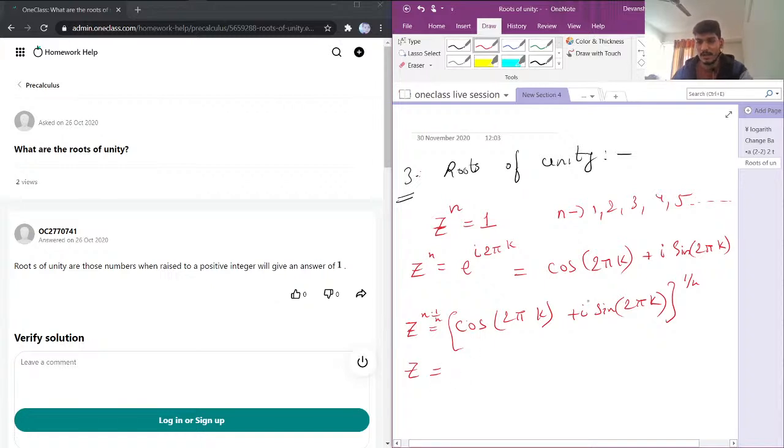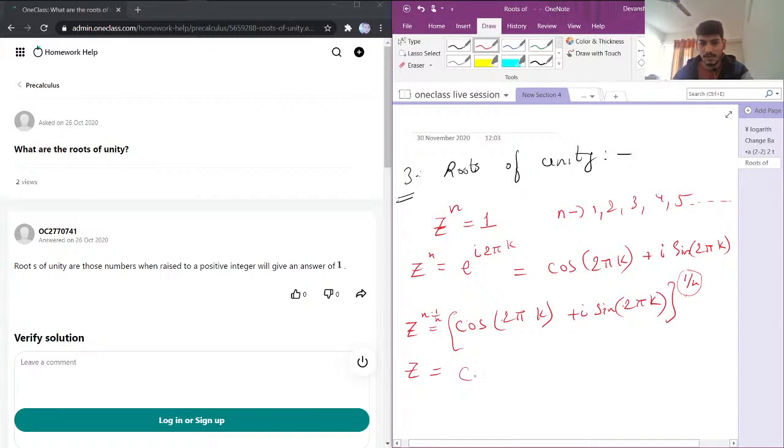In that, if I have a complex number raised to a certain power, then this power can be multiplied with the argument of the trigonometric ratios.